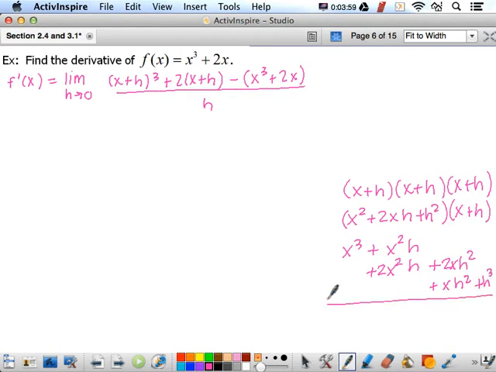So cubing out that function yields x cubed plus 3x squared h plus 3xh squared plus h cubed. That's going to be the brunt of your algebra there, just making sure you can get that binomial cubed out properly.